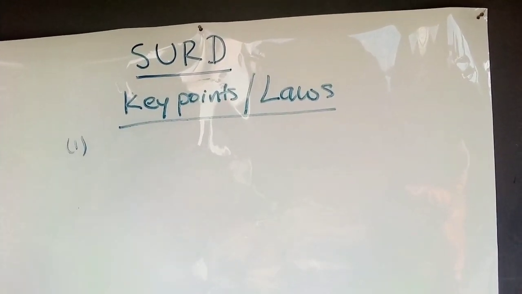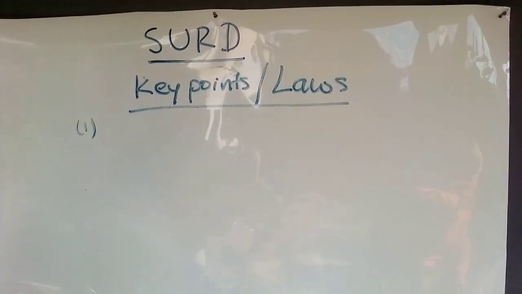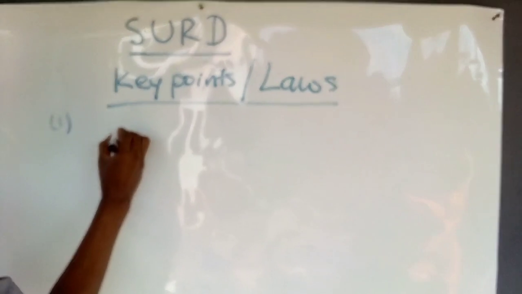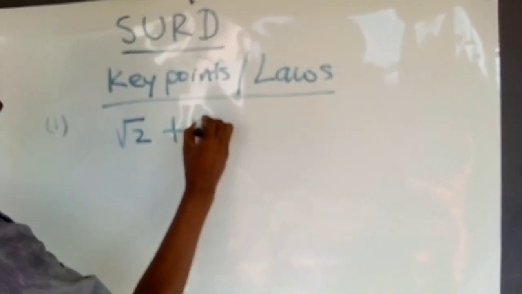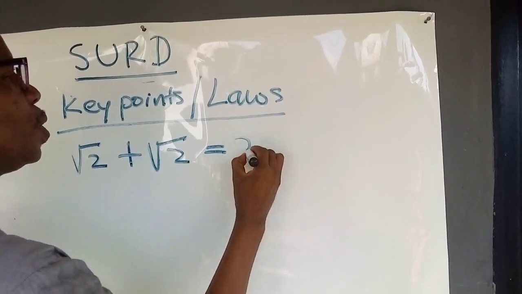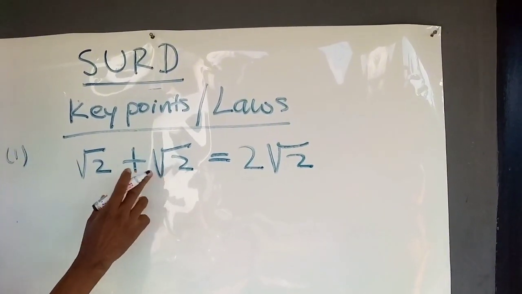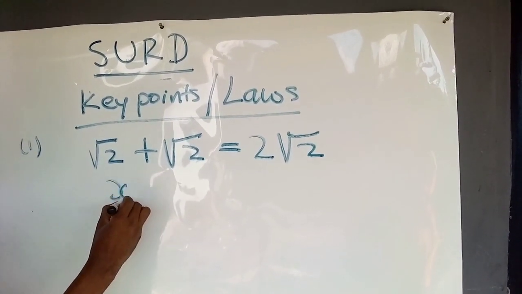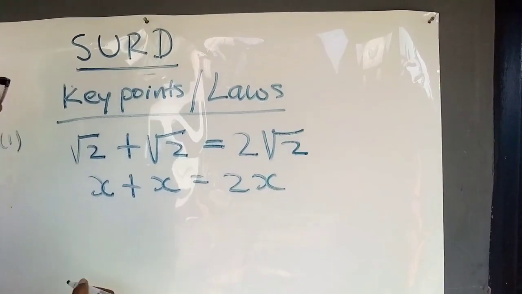Number one, you can only add surds that have the same number or integer. Example, I can only add √2 plus √2, and it's going to give me 2√2. This is similar to x plus x, giving you 2x.